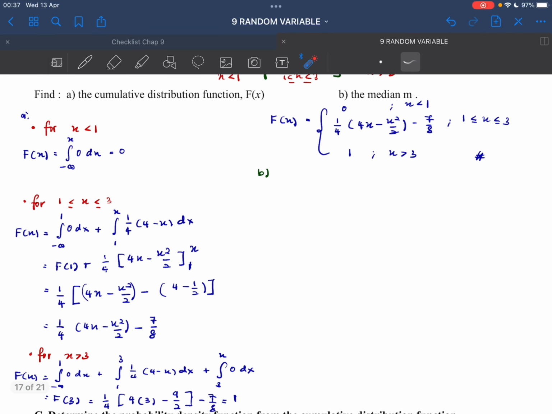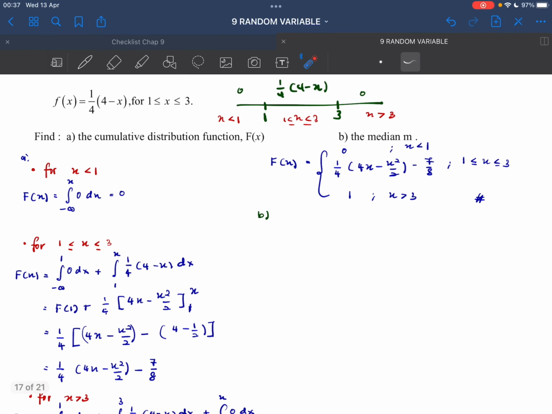So now let's see, if we want to use the PDF, we have to integrate from negative infinity, which is start from 3 up until m. m is in the middle here, that's why we integrate from 1 to m. So if we are using the PDF, integrate 1 to m, function 1 over 4 times (4 minus x) dx equals 0.5.